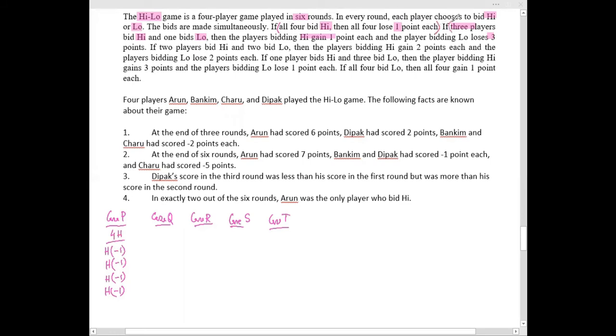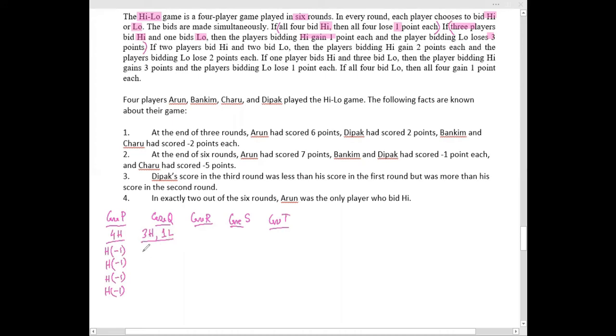Next case, if 3 players bid high and 1 bids low, then the players bidding high gain 1 point each and the low loses 3 points. This is our second case, case Q, where 3 players are high and 1 is low.